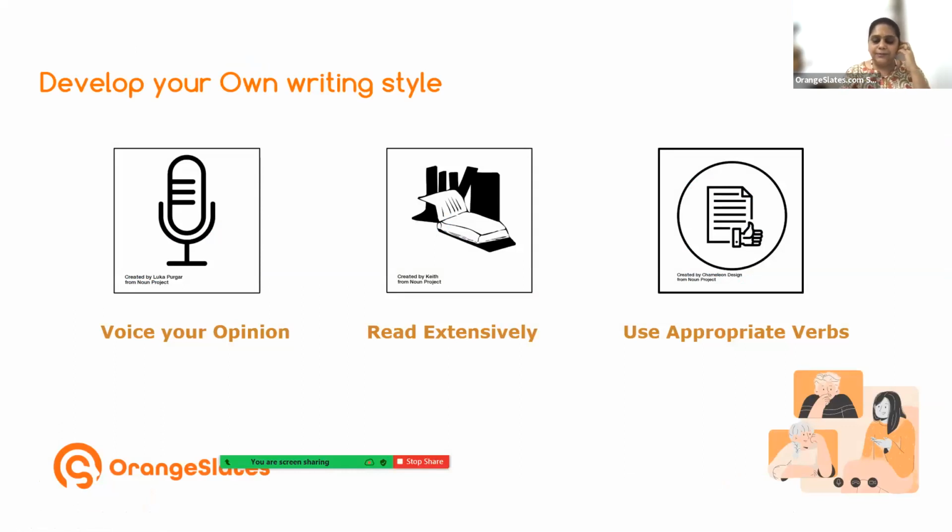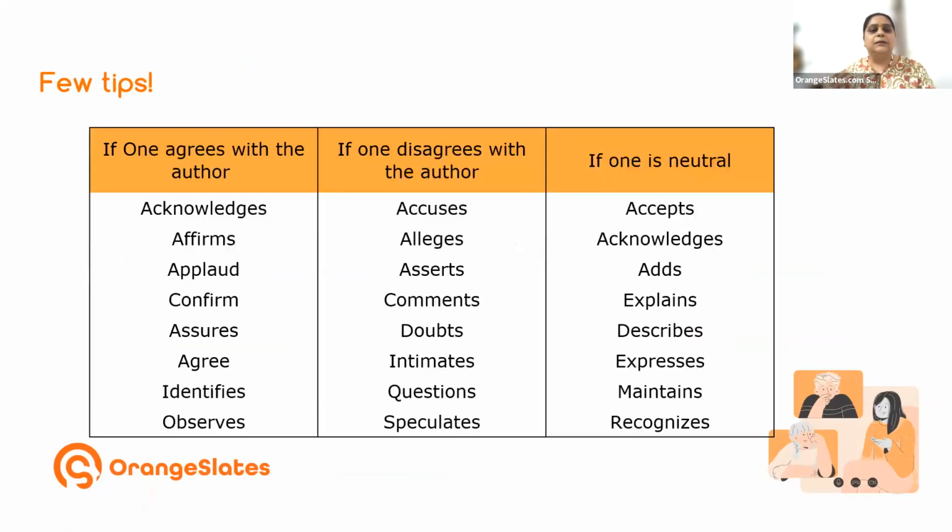Finally, I'll finish the session by asking you to tell your students to voice their opinion and develop their own writing style through reading and using appropriate words. These are some tips and tricks they can use. For example, if you agree with an author, you say acknowledge, I affirm, I applaud.